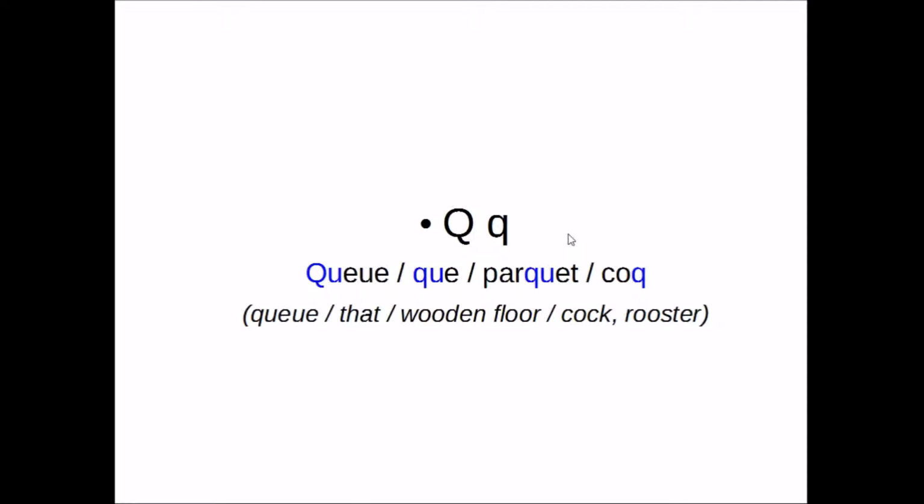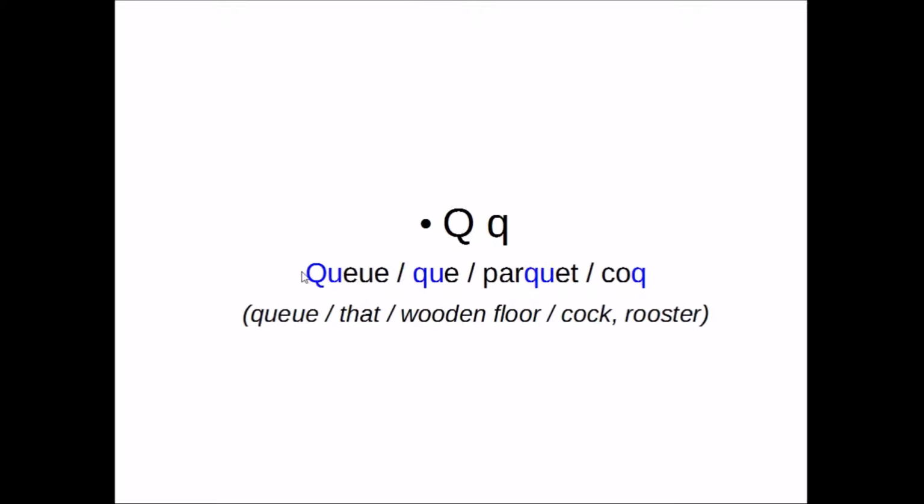Parquet and coq. So here que means that, but it's not the demonstrative pronoun. It's the word to link two clauses. You know, the man that I saw yesterday. So it's this one.